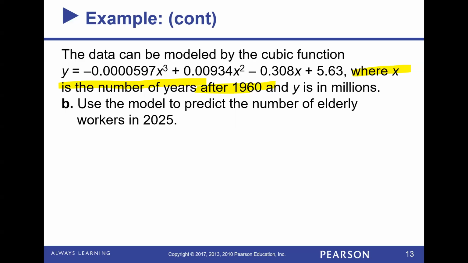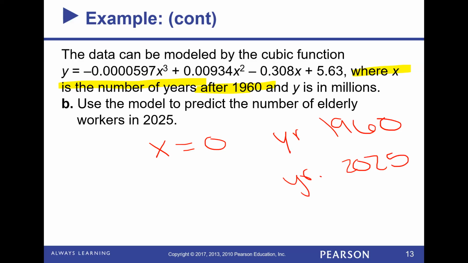That means we need to make an adjustment there. So remember, X equals 0 was the year 1960. So if I'm in the year 2025, how many years have actually passed?